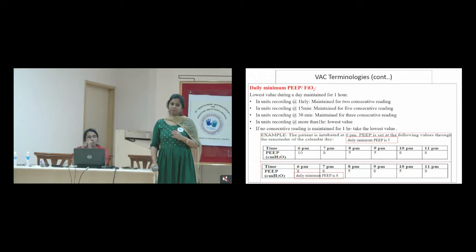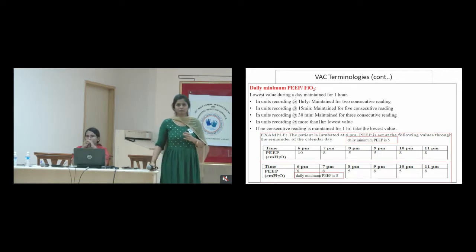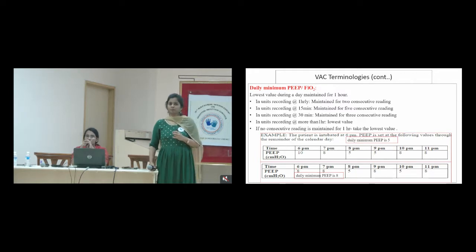It is according to the ICU policy. So when the infection control nurse goes to see the daily minimum value, depending upon how frequently the ICU monitors, accordingly you have to apply all these rules and find out your daily minimum PEEP or FiO2. Okay.